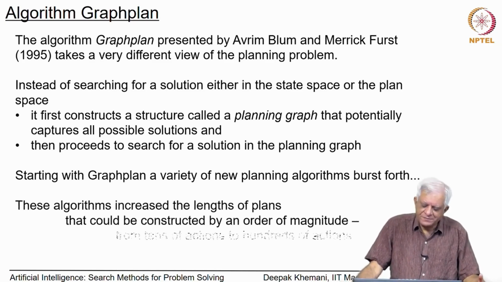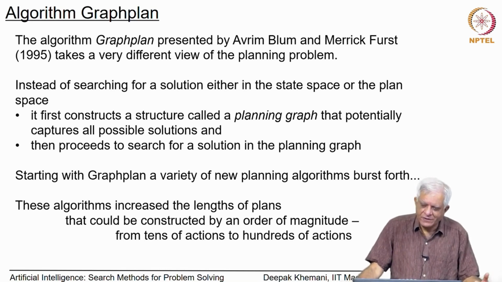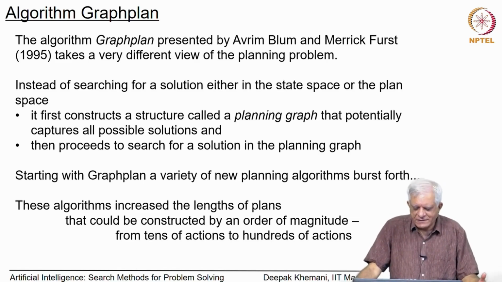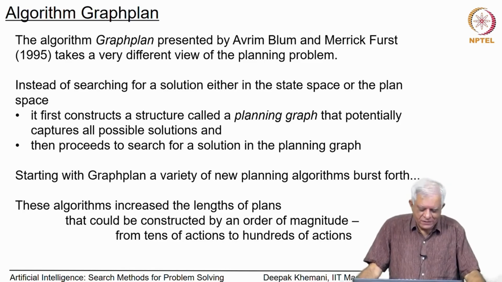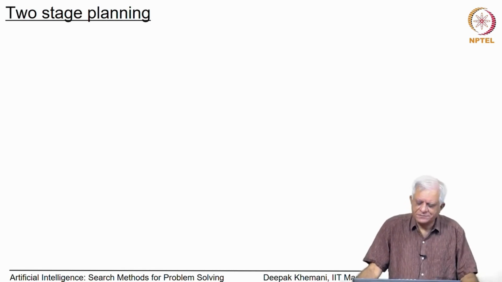Now, as I said, these new algorithms increase the lengths of plans that could be found by an order of magnitude. So, earlier you could find plans which are 10, 15, 20, 30 steps long, but now you could find plans of 150, 200, 250 steps long for similar kinds of problems, and that is why there is this great interest in planning.